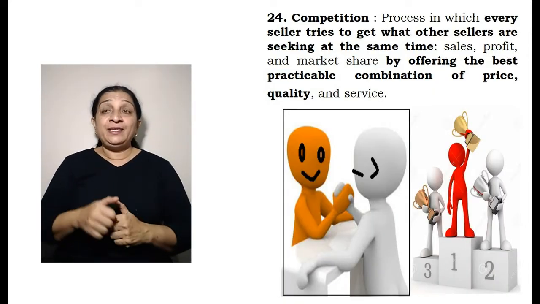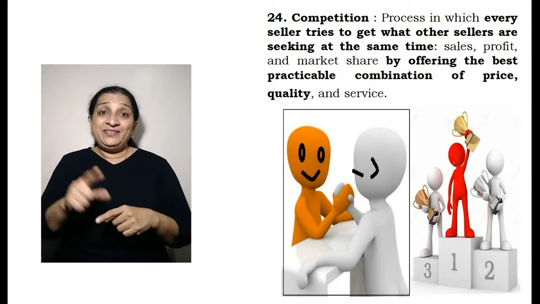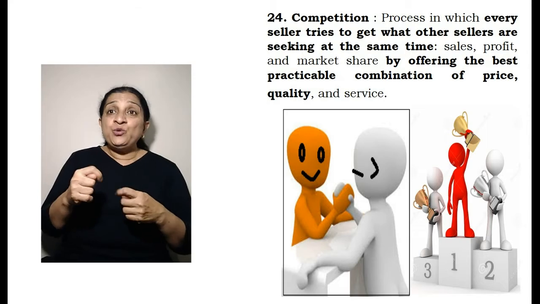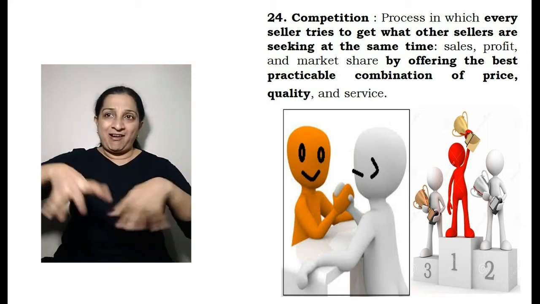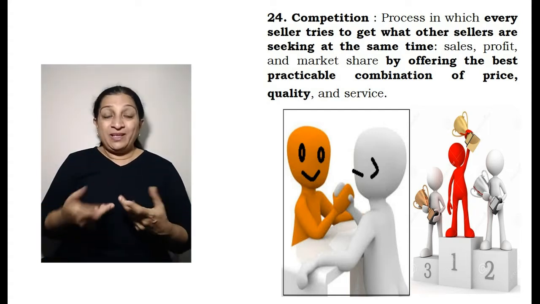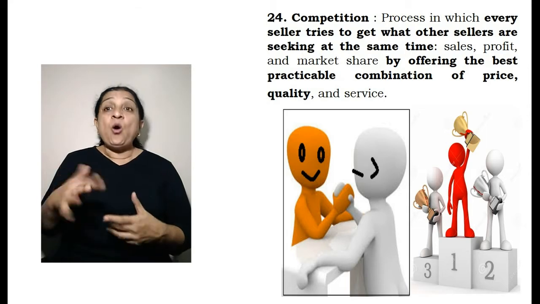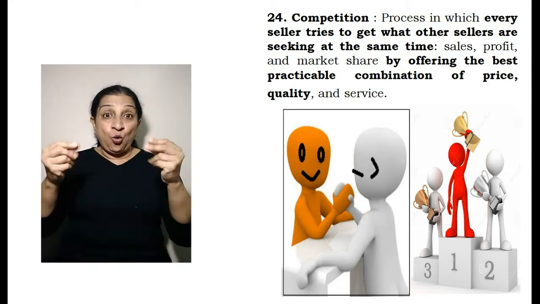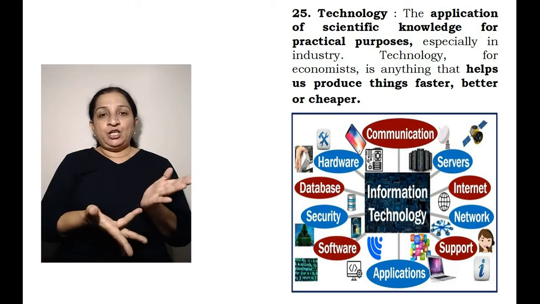Competition. That is the process in which sellers try to take a share in the profit of the market. How? By giving the best price or a good quality service. Technology.